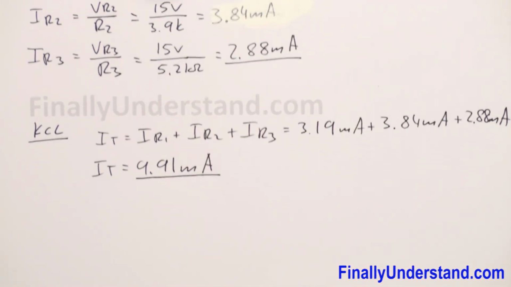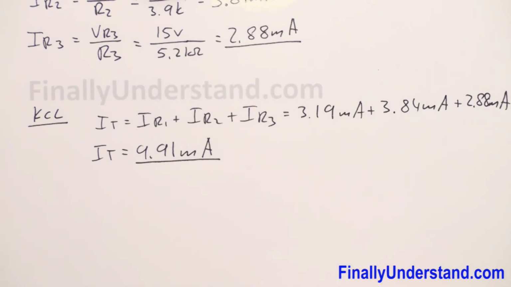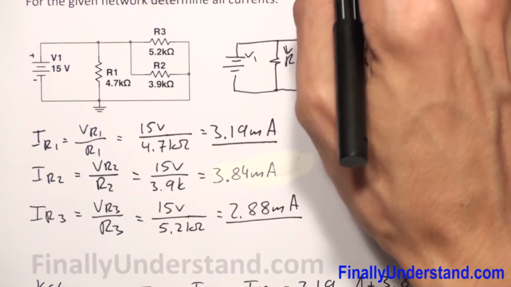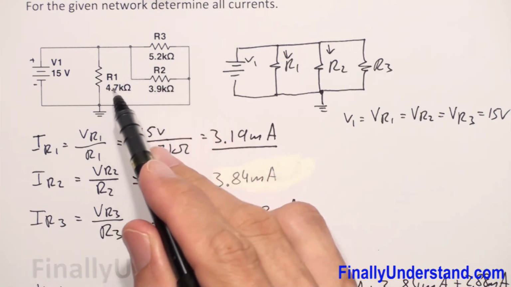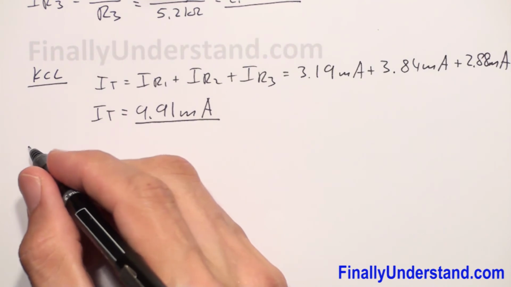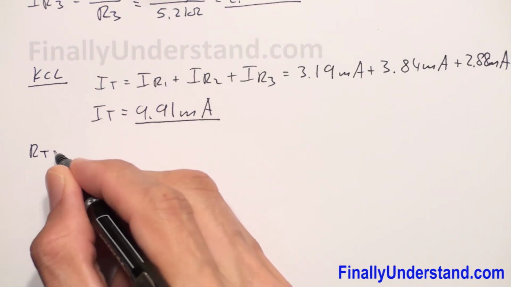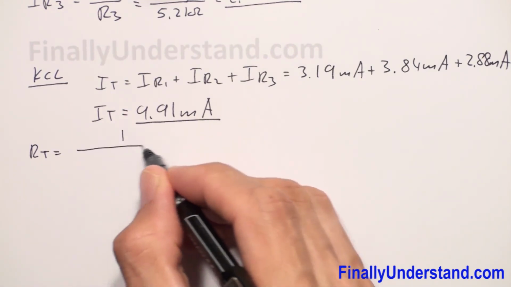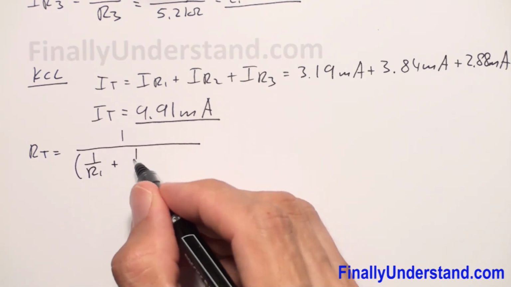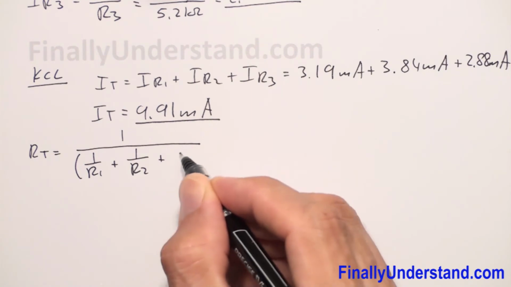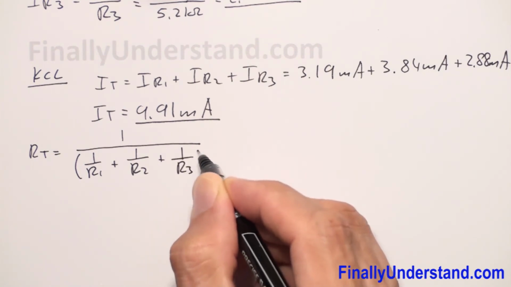Someone would say, okay, so how I can verify that my answer is correct? So what I would do, I would simply calculate first the total resistance. Okay, calculate the total resistance, using these values. So because I have 3 resistors, I have to use following formula. R total is equal 1 over, and I have 1 over R1 plus 1 over R2 plus 1 over R3.